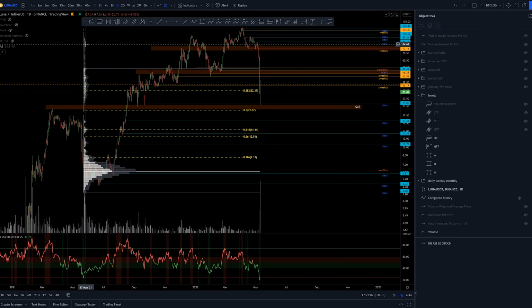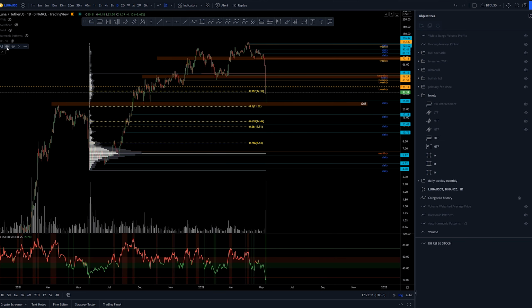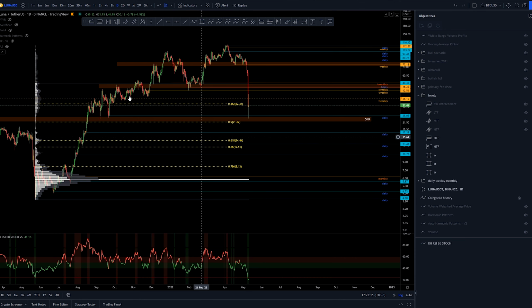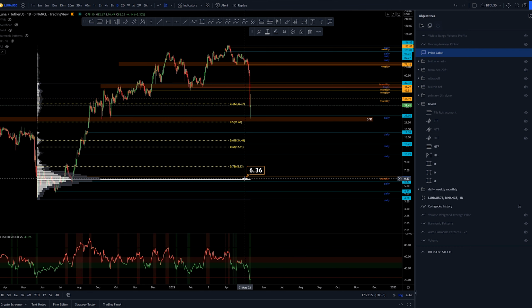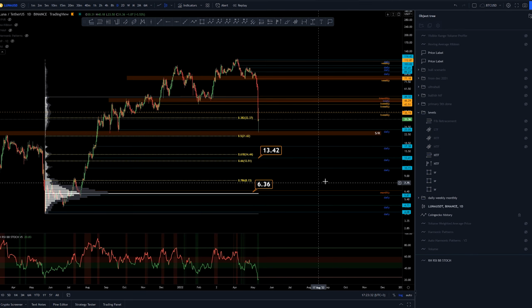Areas of interest here. There's quite a bit of stuff that we could go through. This is again the point of the volume profile. Let me turn off the volume for now. It's taking a lot of space there. So volume profile, we have the monthly here with the point of control of that volume profile around $6.30. We got the golden pocket here with some kind of support, daily supports around $13.